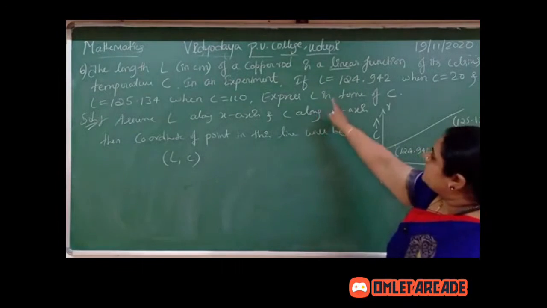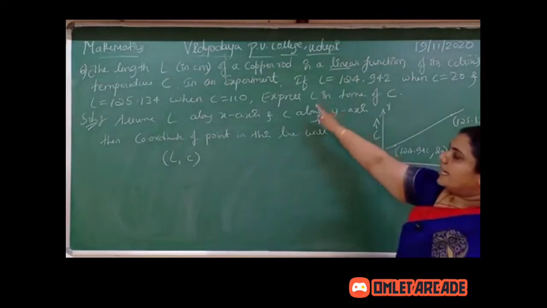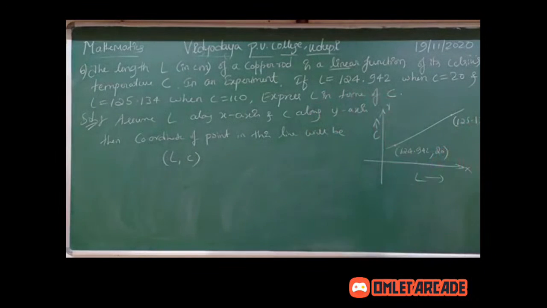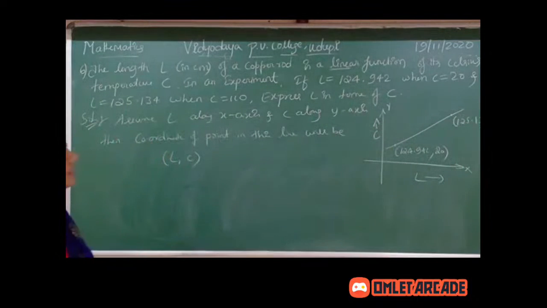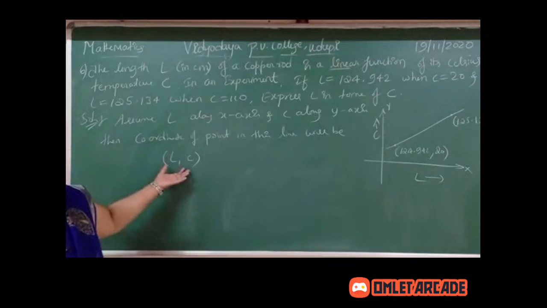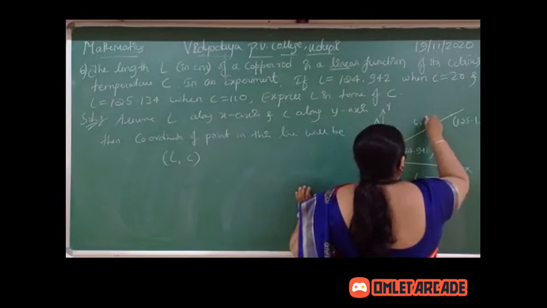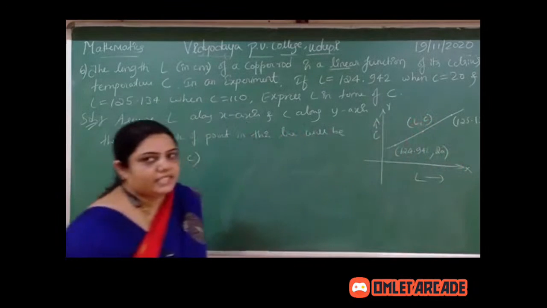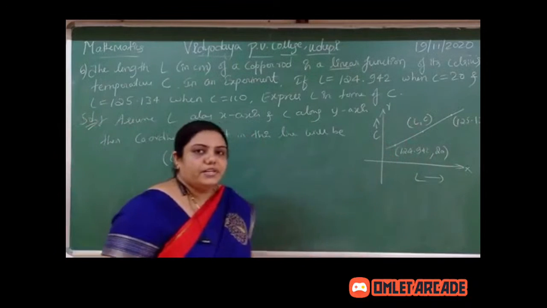Now the question is to find the equation in terms of L and C. We assumed L as the x-axis and C along the y-axis, so the coordinate on this line will be of the form L, C. Now, can I use the two-point formula here, students?